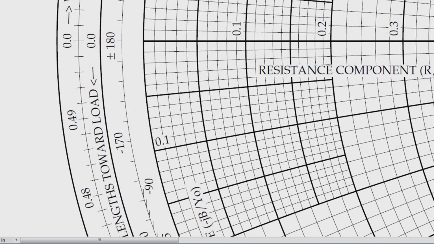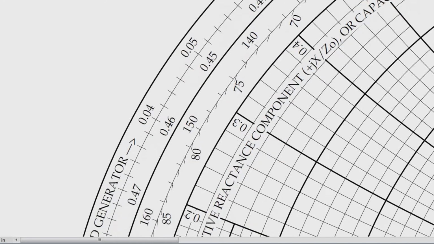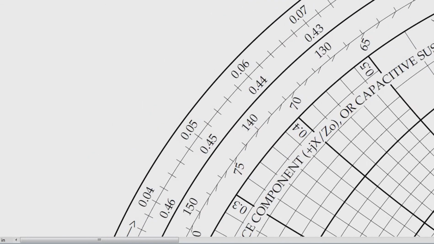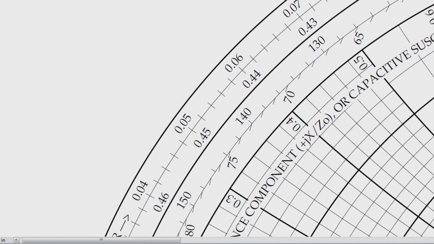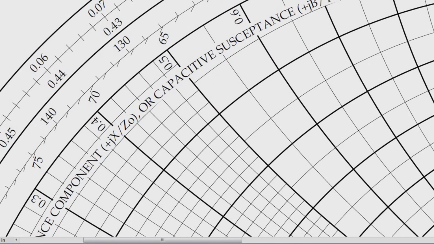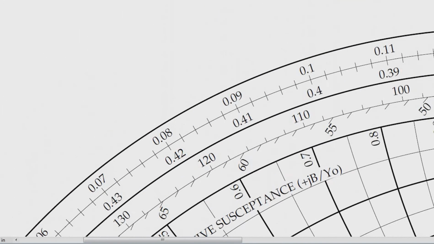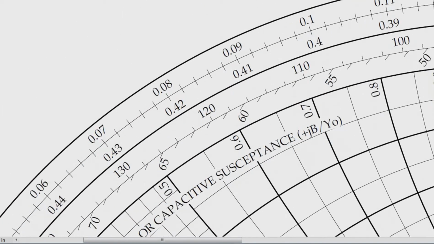In a similar fashion, when you move up, towards generator. When you are moving in the upward direction it is towards the generator, and when you are moving in the downward direction it is towards the load.